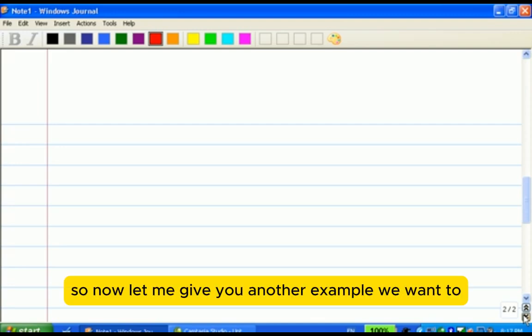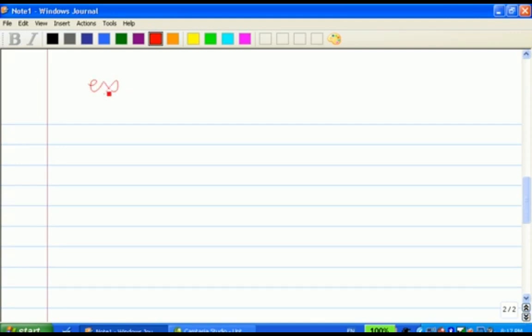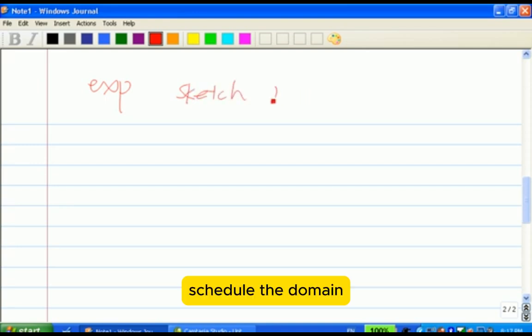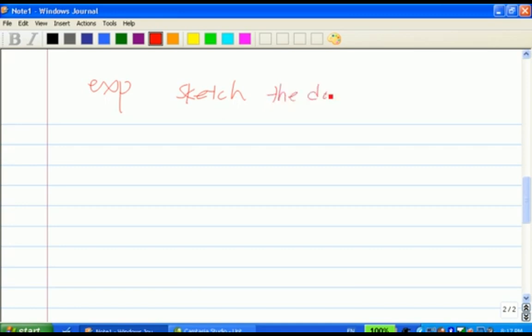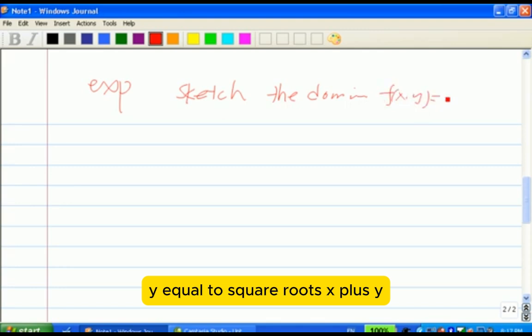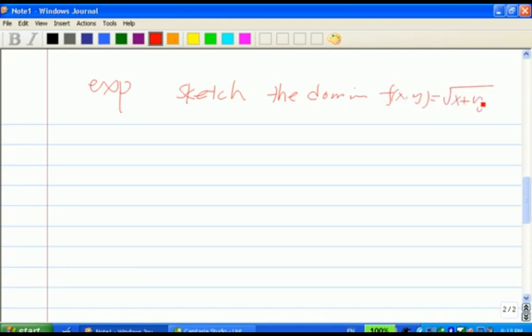So now let me give you another example. We want to sketch the domain for the function f(x,y) equal to the square root of x plus y. Okay.